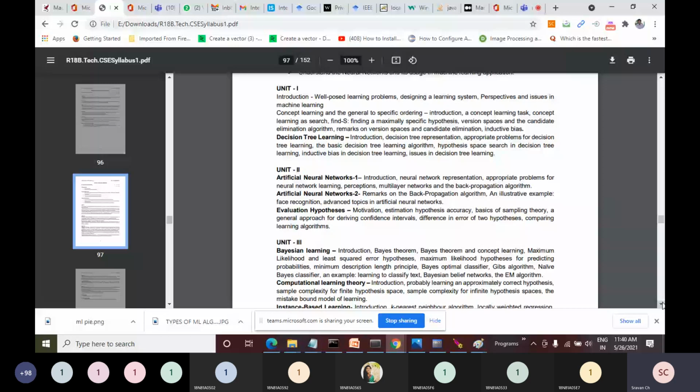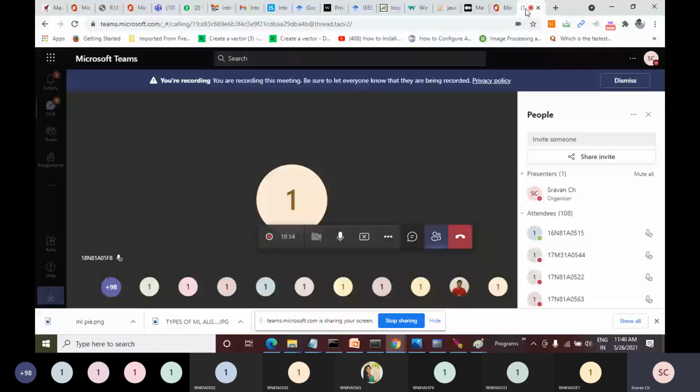I hope whatever we have discussed in Unit 1 is clear to everyone. Can I start Unit 2? Is Unit 1 clear to everyone? Can we move on to Unit 2? Please let me know in the chat box. Today we will start Unit 2, so is it fine?